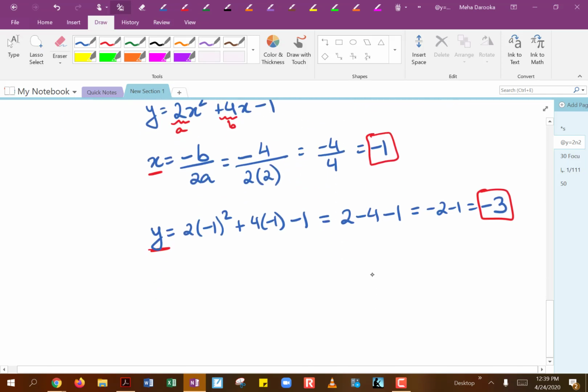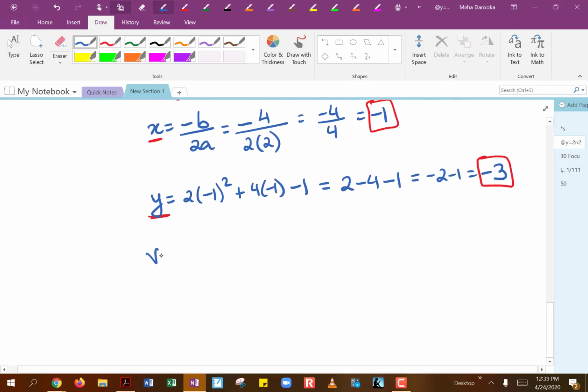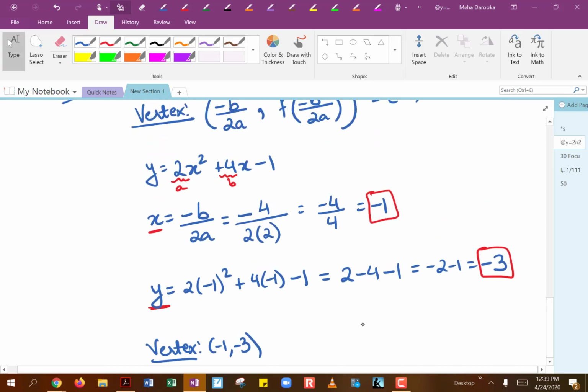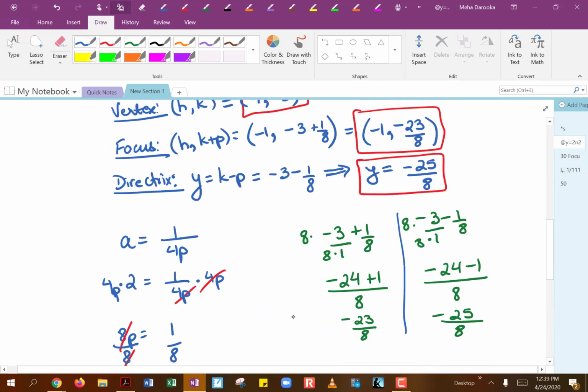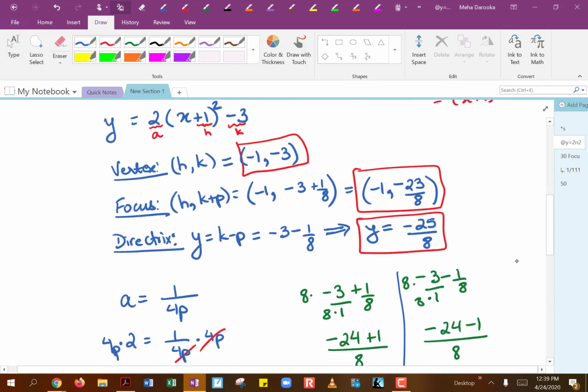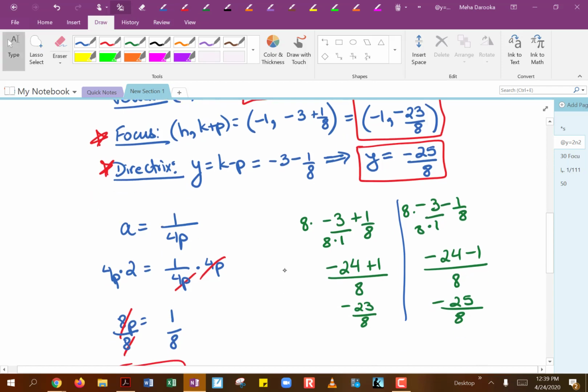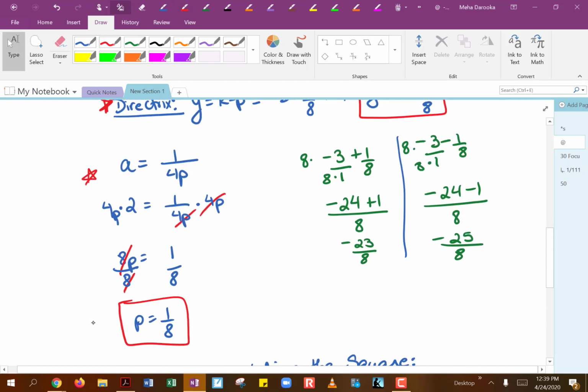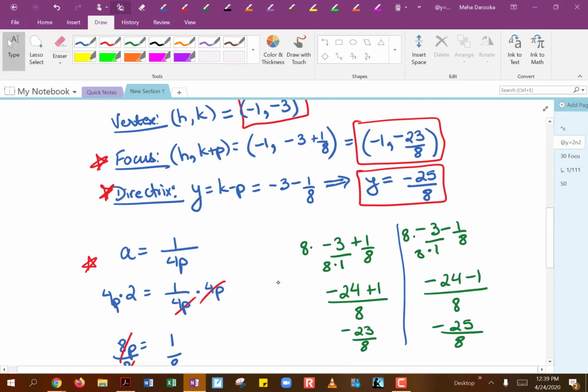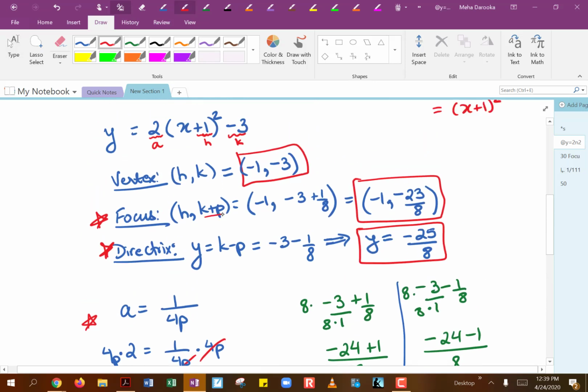So once you find the vertex of -1, -3, then you are basically going to repeat the same process that you did over here to find the focus and the directrix. Of course, we would start by finding our p-value first, and then once you found the p-value, you would take k plus p and k minus p to find the coordinates for your focus, and then the equation of your directrix.